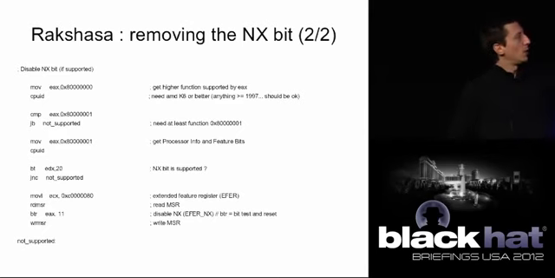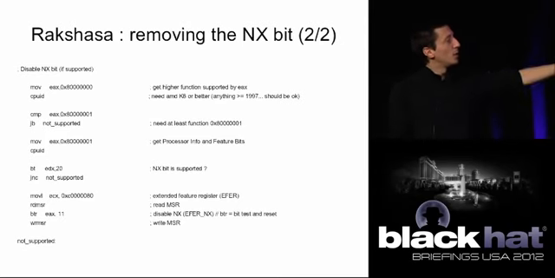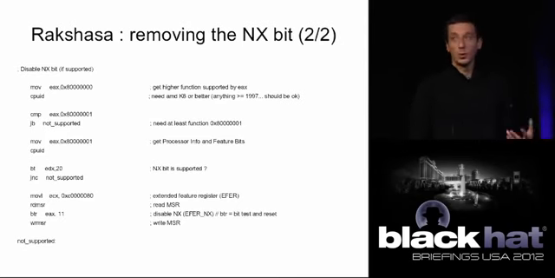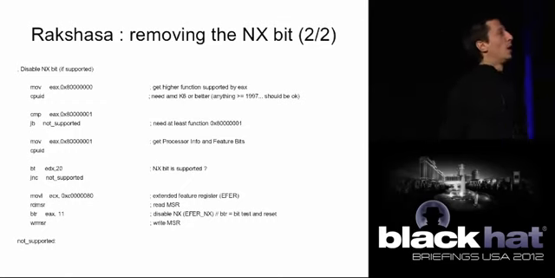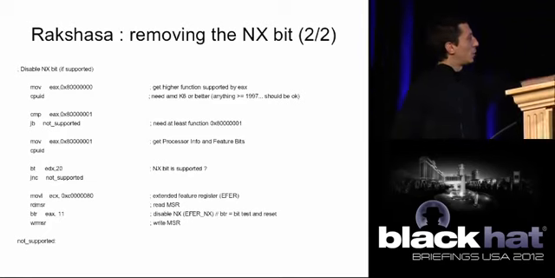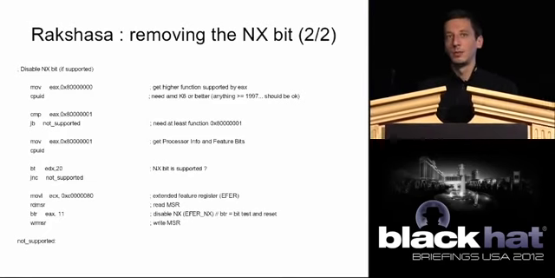You do this weird thing, RDMSR, right? So this is going to load the content of the EFER register into EAX. We test if the 11th bit is there, the one corresponding to NX, and we reset it and write back to the register. So the net effect is to disable NX. Any question?